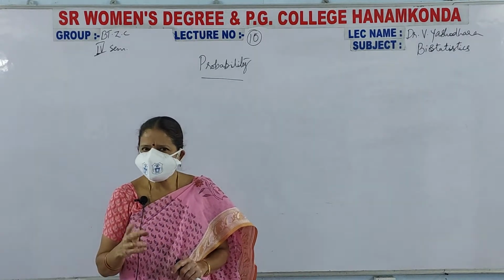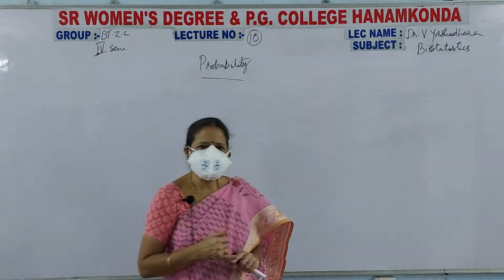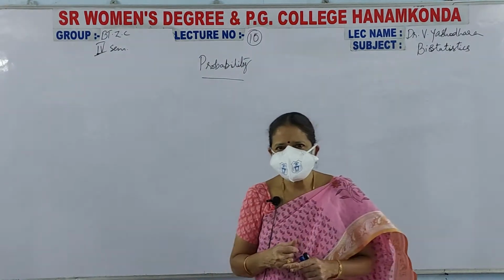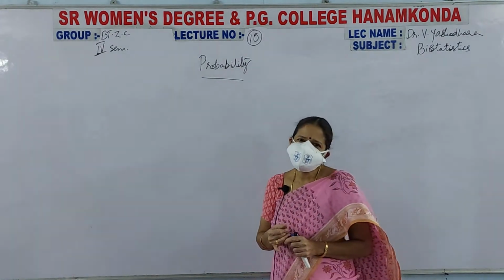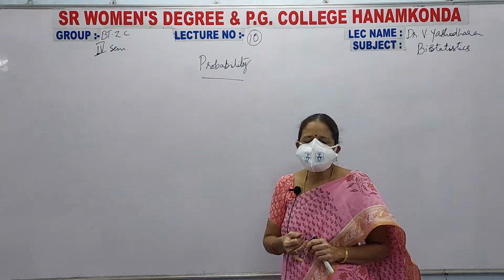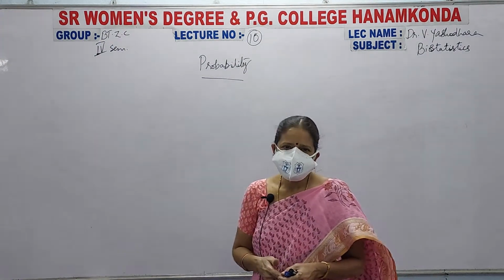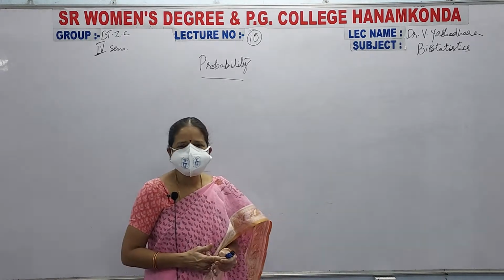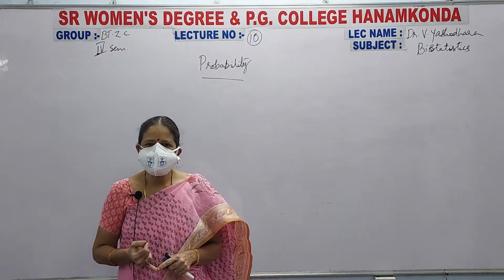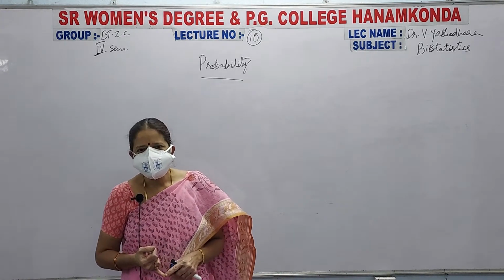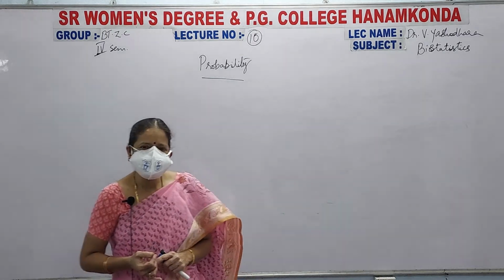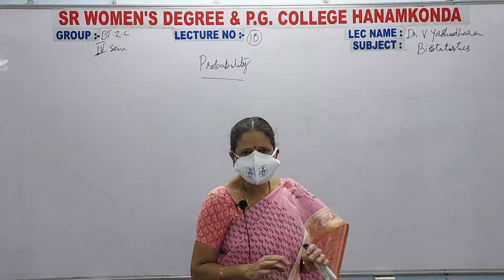It is of two types: addition rule of probability for mutually exclusive events and addition rule of probability for events that are not mutually exclusive. The second one is the multiplication rule of probability, for independent events and for dependent events. All these we have completed.